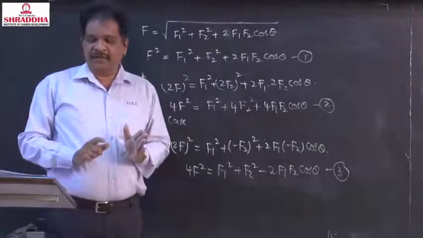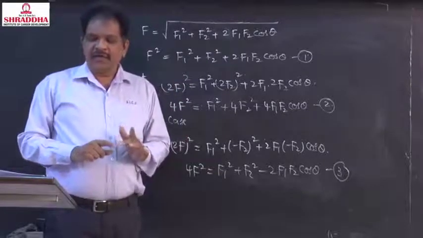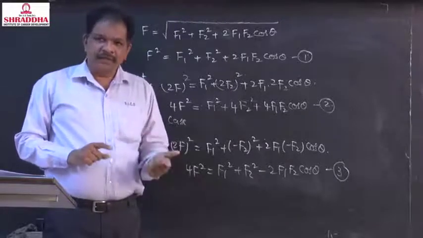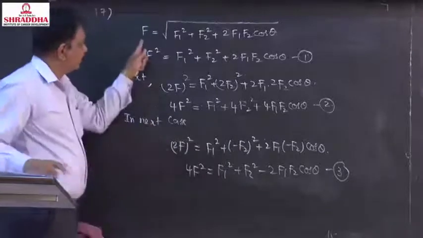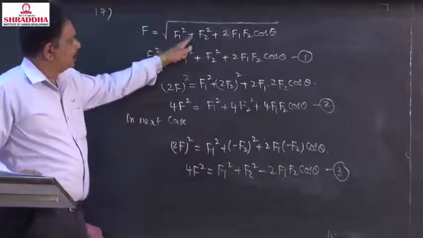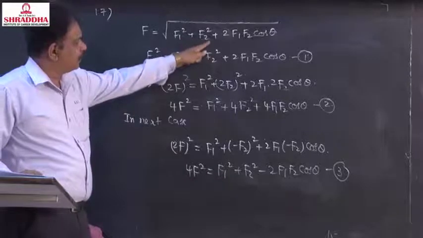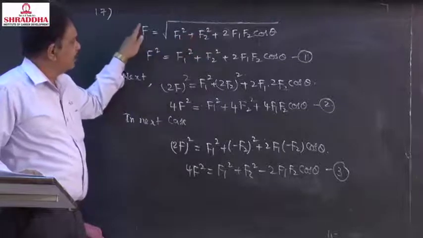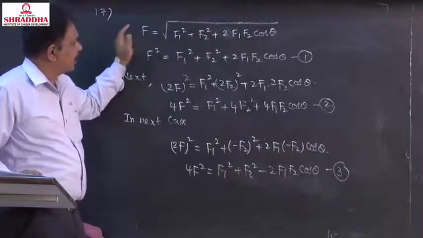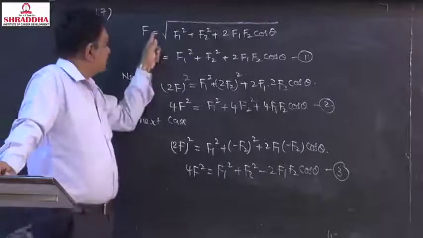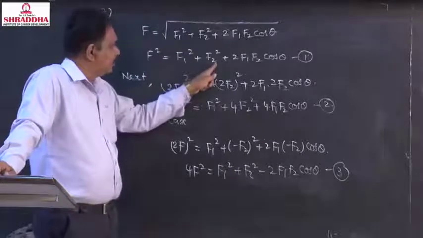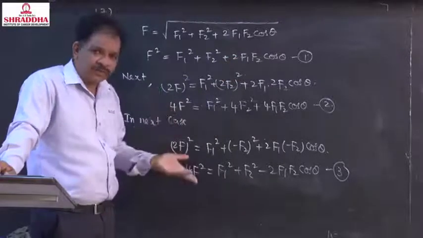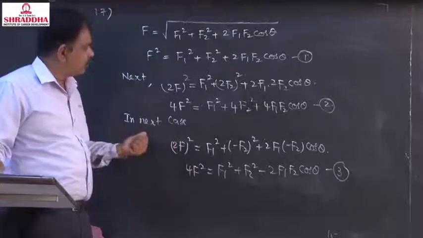Once again listen what they are asking. F1 and F2 are acting at a point, then their resultant is F. So F is equal to square root of F1 square plus F2 square plus 2F1 F2 cos theta. This is from parallelogram law of vectors. From this, if you square this one, we will get this. Let it be equation 1. If F2 is doubled, F is also doubled.